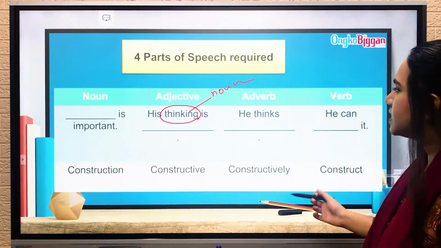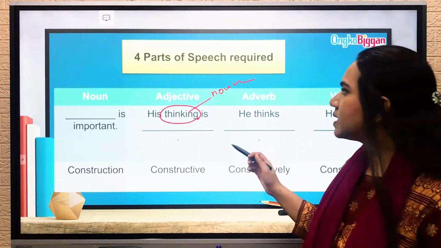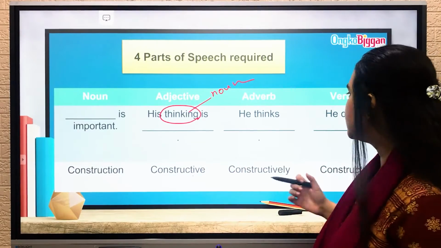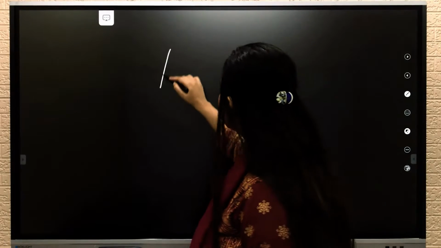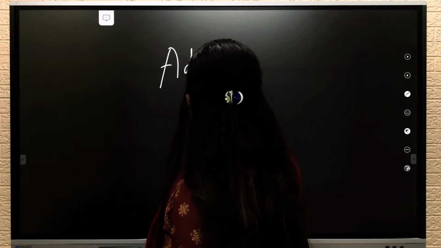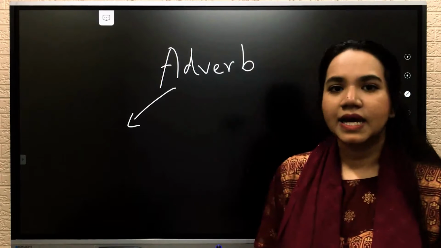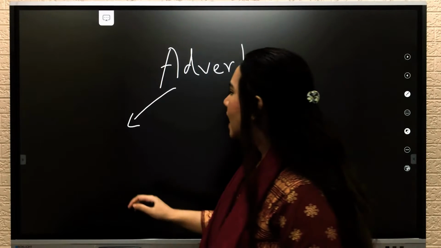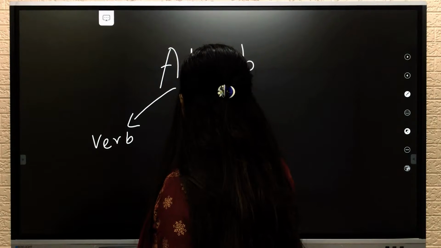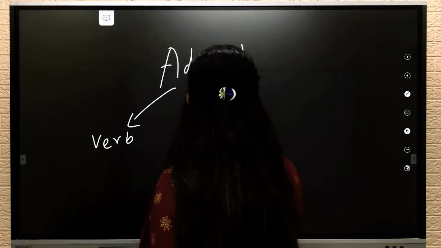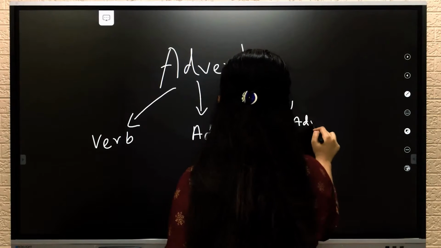Now, for another scenario where there is the usage of an adverb, we need to know what the adverb actually means. So let's show this in detail. The word adverb, generally we think that an adverb is a word that describes a verb only. But no, we are wrong in this case. An adverb can describe a verb, or an adverb can describe an adjective, or an adverb can describe another adverb.